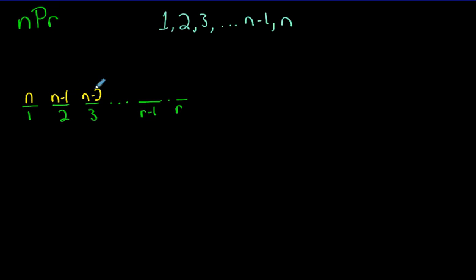Where I get these numbers from: there's one fewer person to sit in the second chair, and one fewer possibility than that for the third chair, all the way down to the last chair. There's only r chairs, so it's going to be n minus r minus 1. Oh, my bad, not n minus r, it's n minus r minus 1.